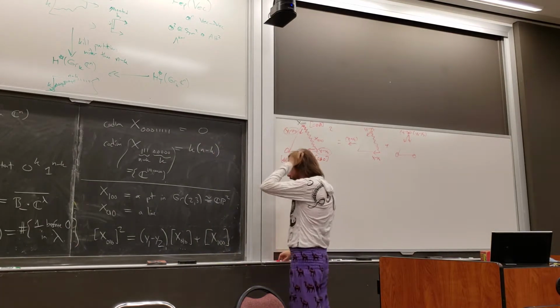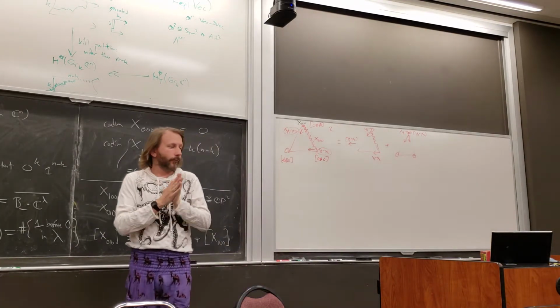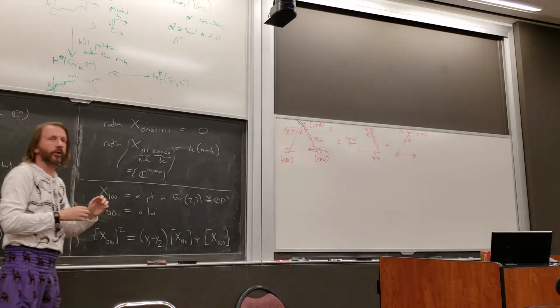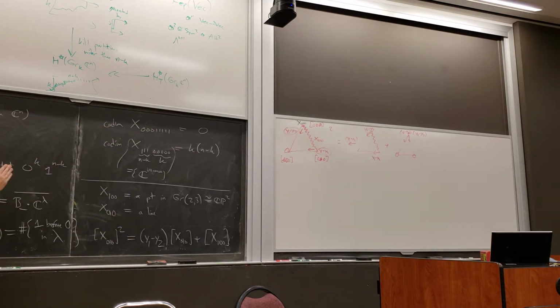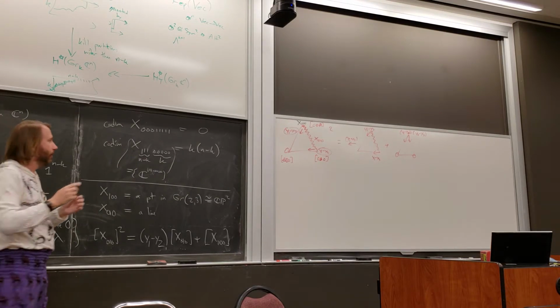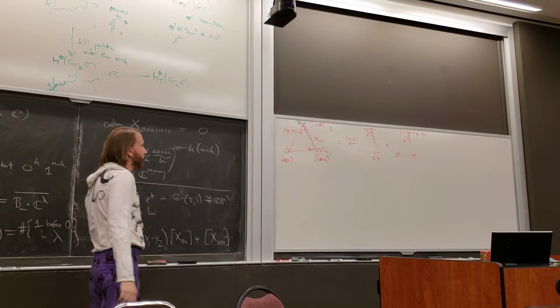Okay, so I want to give you a rule for computing these products, and this rule will be manifestly positive in a sense due to Bill Graham that I'll get into after I've shown you the rule.